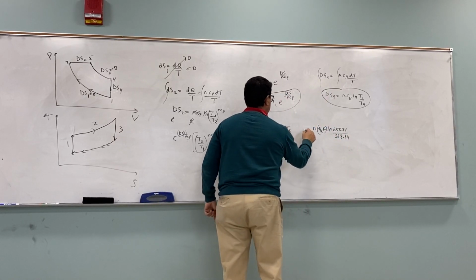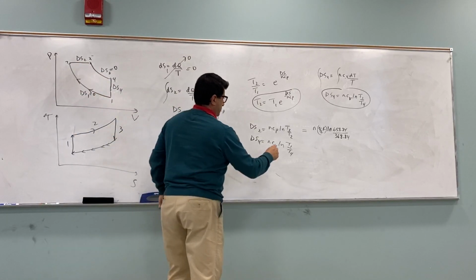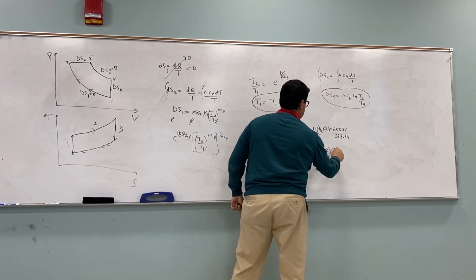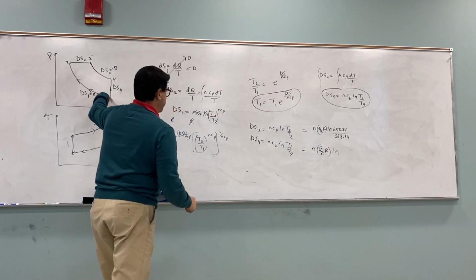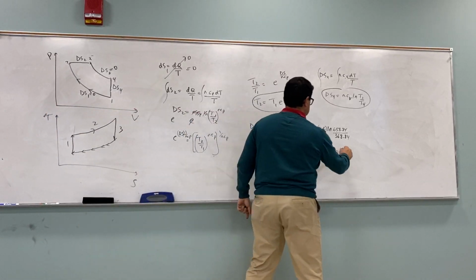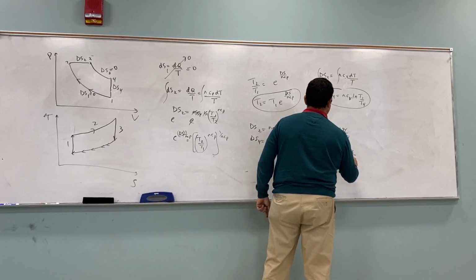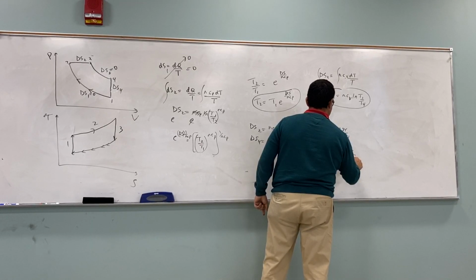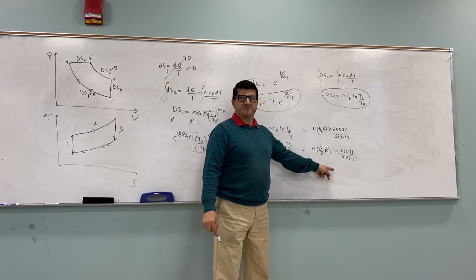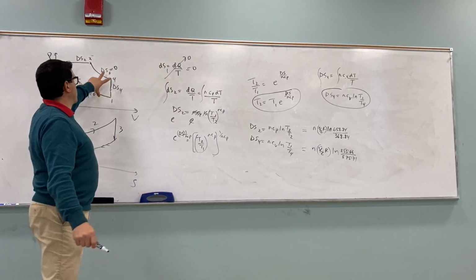Okay, that's the change in entropy from here to here. Now the change in entropy from here to here is going to be 5 halves R ln of this temperature, 166 over 575.71. When I add that, I should get 0, if I did it right. The change in entropy should be 0, because these two are already 0.